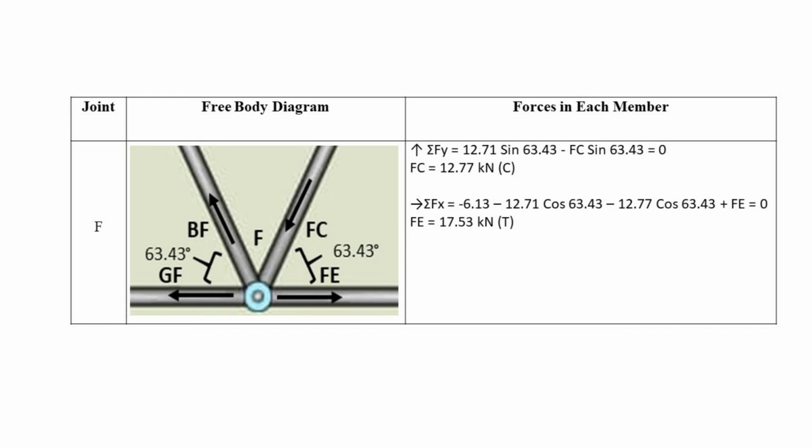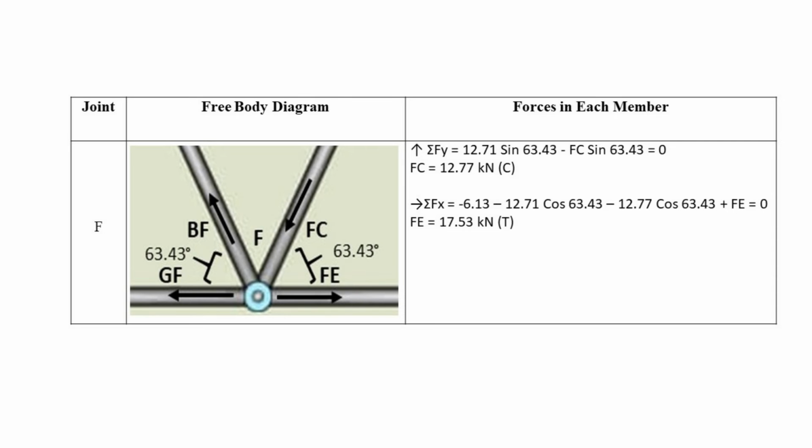The total force that acts on the x-axis is calculated by using negative 6.13 minus 12.71 cos 63.43 minus 12.77 cos 63.43 plus FE equals 0.